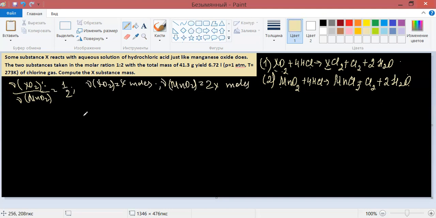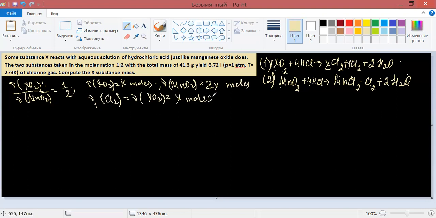From the reaction schemes, we can see that the amount of chlorine gas yielded in the first reaction is the same as that of XO2, because the coefficients are the same, 1 and 1. So the amount of chlorine gas from the first reaction equals x moles.